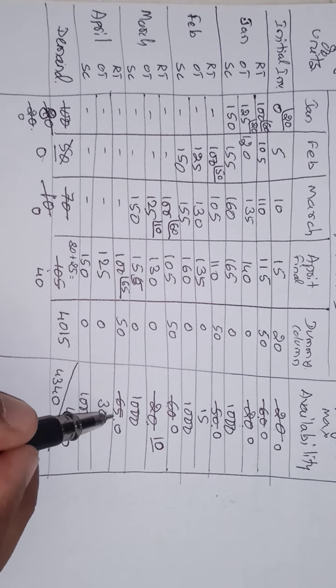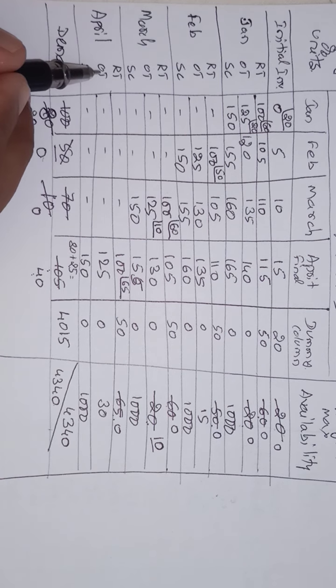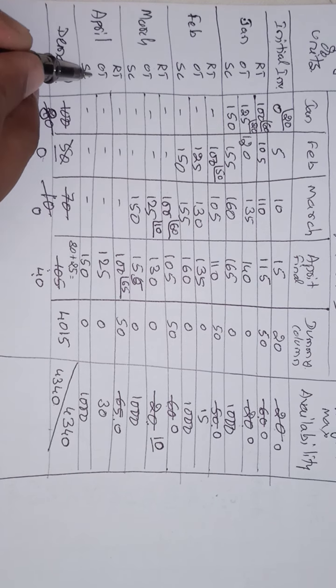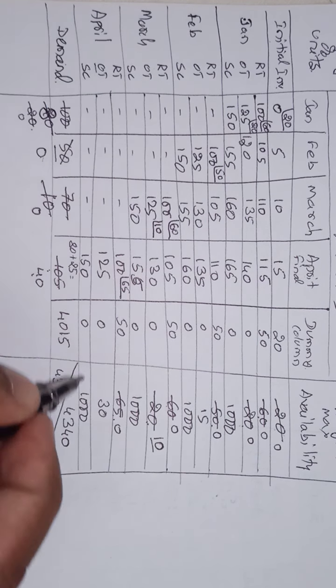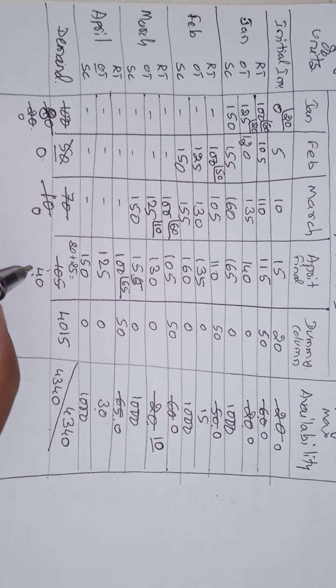So here by using that 65, we have met that 65 in the April month. The remaining 40 can be met with overtime as well as SC, right? So remaining is 40. Now next go to overtime production. From overtime production, how many quantities are there? 30. So needed is 40, right?